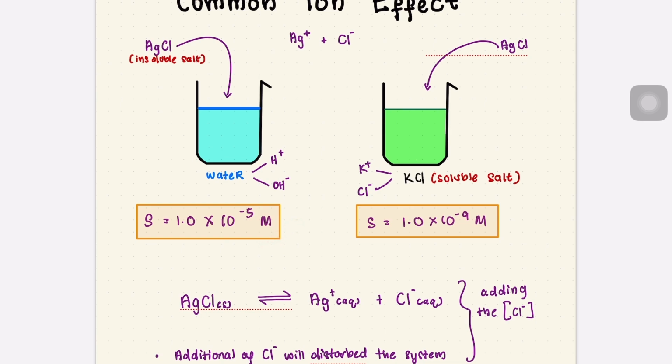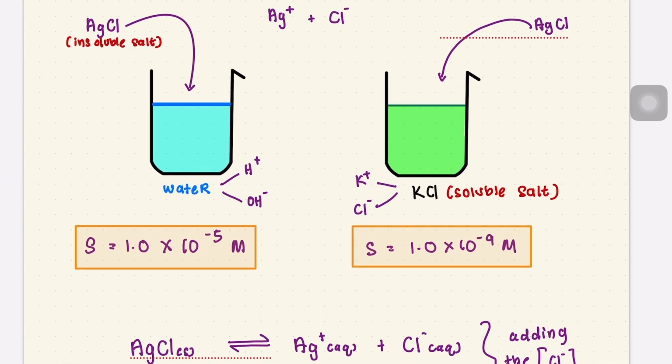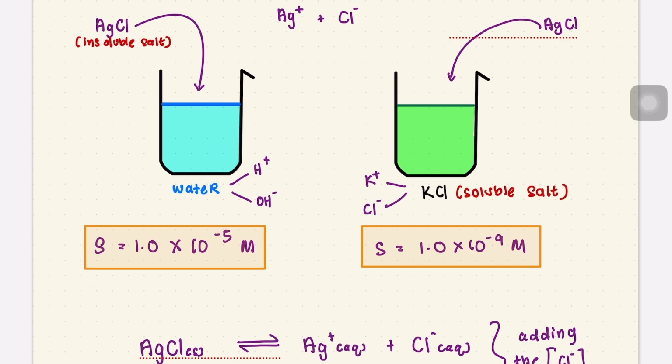For potassium chloride, the common ion is chloride ion. And when we calculate, the solubility is 1 exponent negative 9. So what we can conclude is, when we have the common ion, it will reduce the solubility.